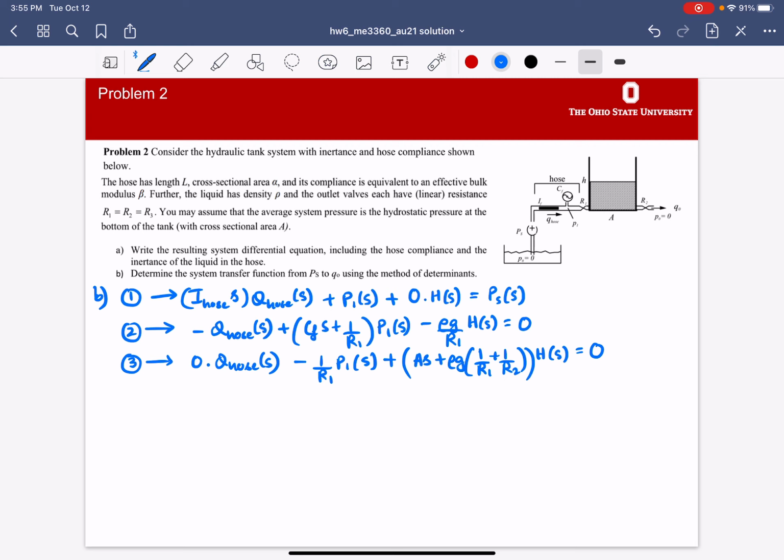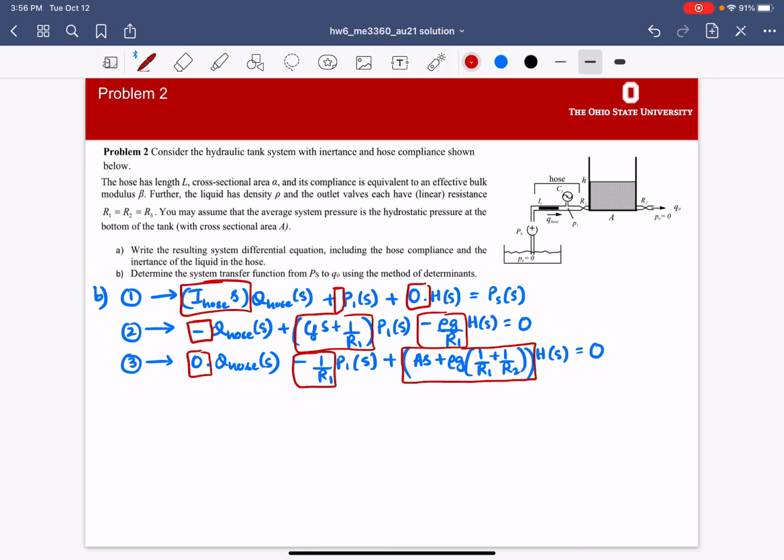So if we were to write this down in the matrix format, we would have a 3 by 3 matrix, right? So all of our coefficient terms would basically be just P1 here. In this case it would be just -1. In this case it would be that. In this case it's just negative rho G, 0 over here, that, and that.